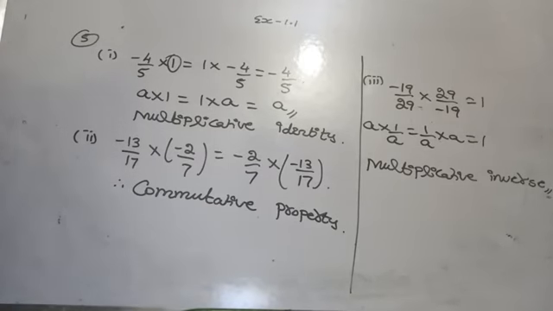Question number 6. Multiply 6 by 13 by the reciprocal of minus 7 by 16.